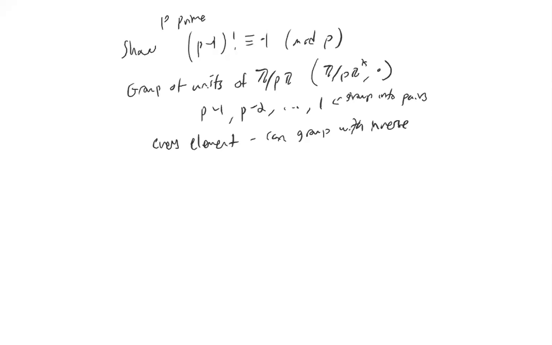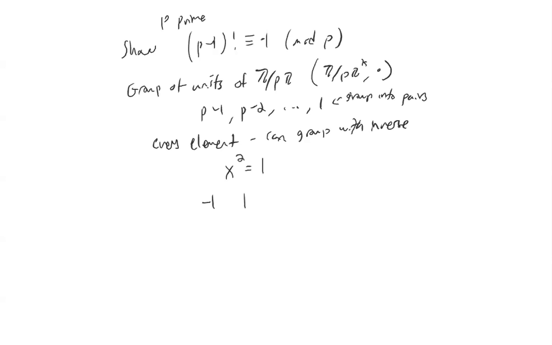So what element is its own inverse? Well, x satisfies x squared equals 1. That means when you square it, and over a field this has only 2 solutions, which are -1 and 1.